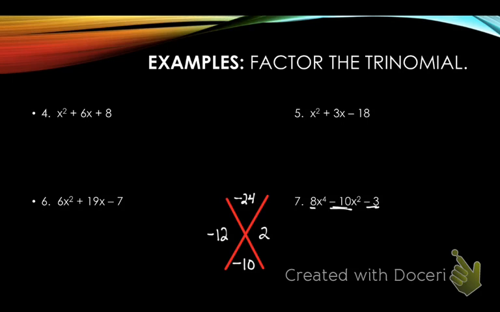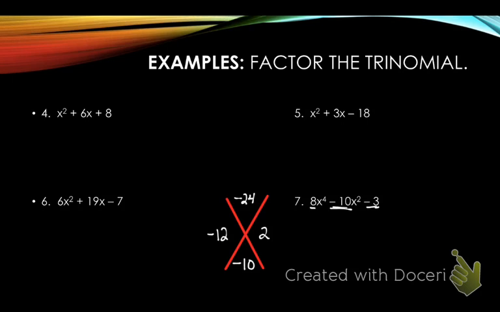Remember, I had to have signs that were different because of that negative 24. Because that middle term is negative, I have to have two values that are opposite of one another. And then because it's a negative 10, the bigger of the two numbers, between the 12 and the 2, needs to be negative.